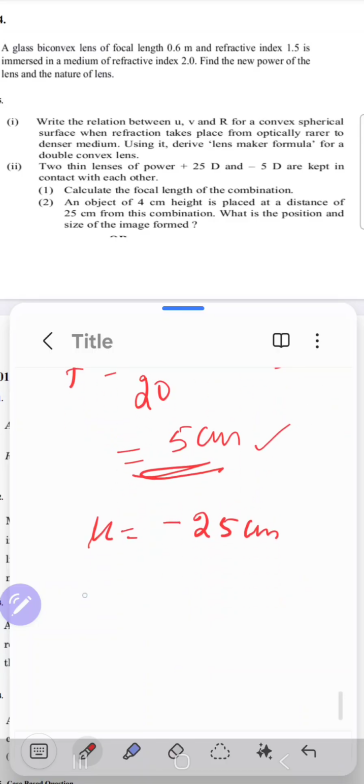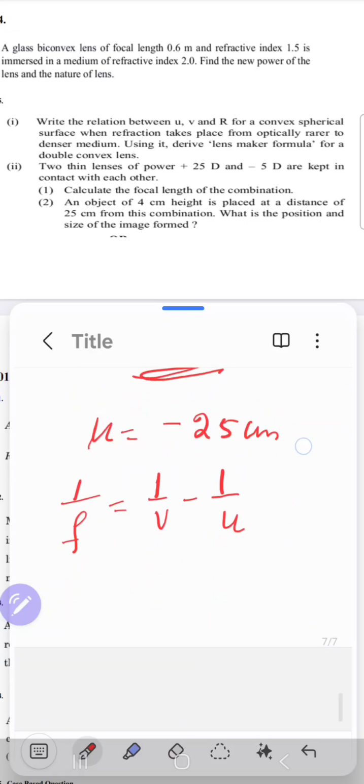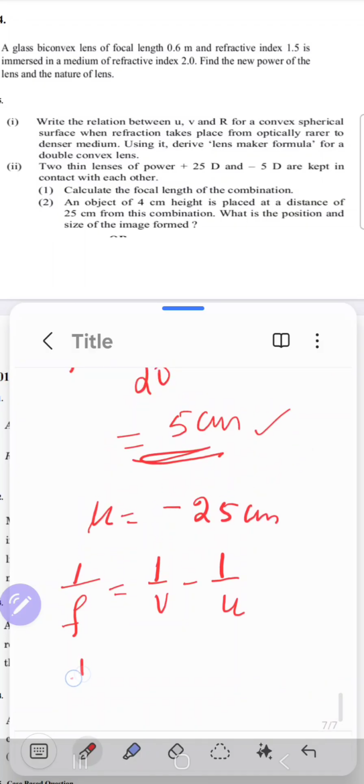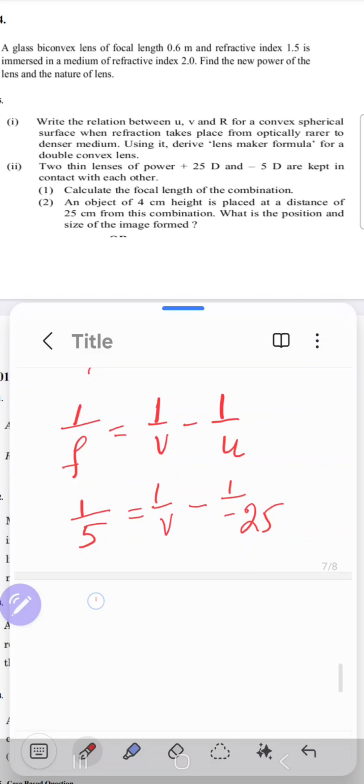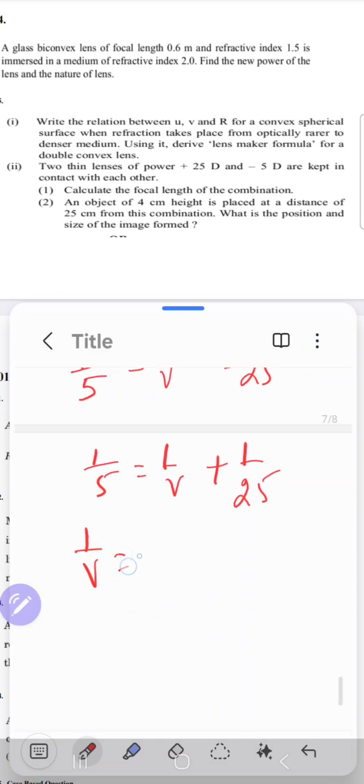So we have to find out V here using the formula 1 over F is equal to 1 over V minus 1 by U. So F here is 5 centimeter. V we have to find out. U here is minus 25 centimeter. So we can simplify. 1 over 5 is equal to 1 over V plus 1 by 25, and 1 over V would be 1 over 5 minus 1 by 25. So this would be 25.